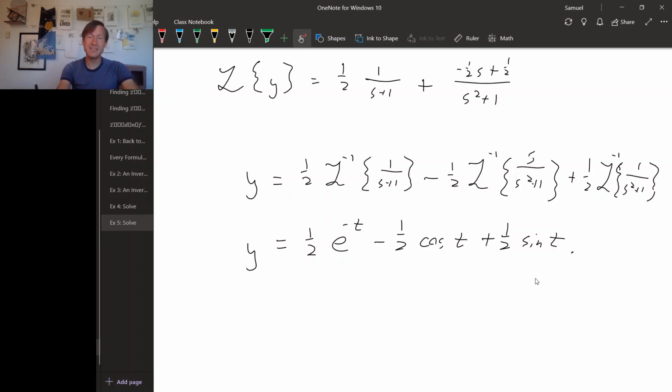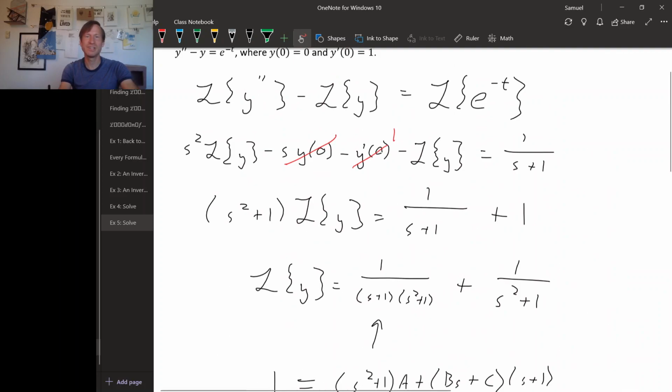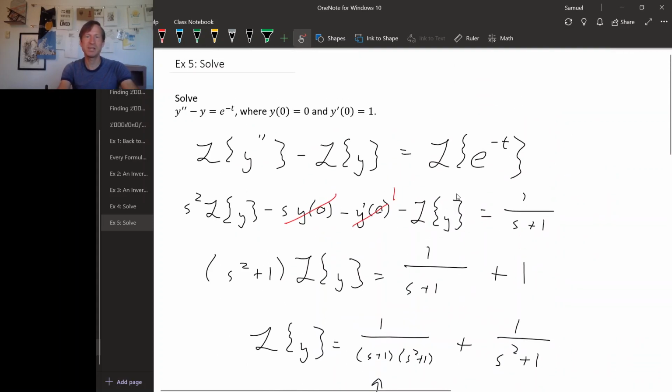Notice that one nice thing about this is it's not at all uncommon for initial values in applications to be 0. And when you have an initial value that's 0, like here, notice it always knocks out a bunch of terms that might have shown up. So having initial values that are 0 makes the resulting inverse transform a lot easier to calculate.